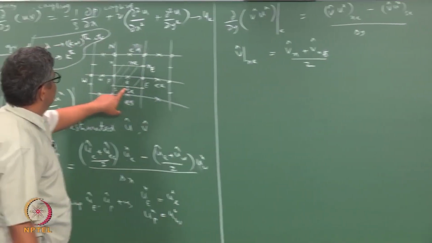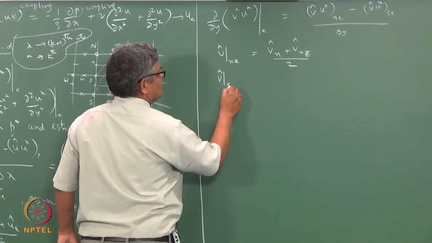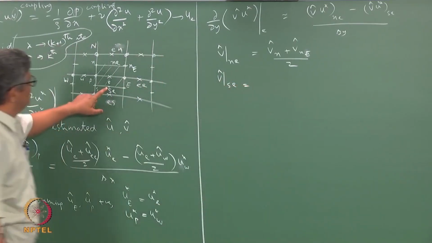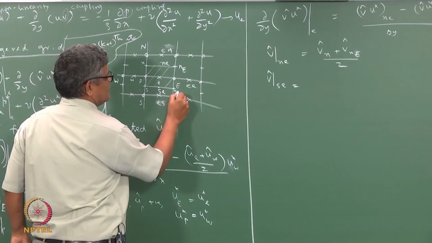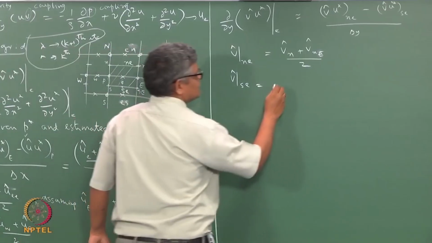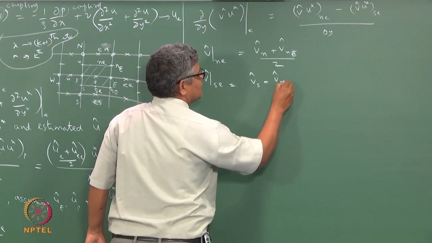And similarly here, v hat at se, this point, is the average of these two, and we will call this again se here. So this is v hat at s plus v hat at se by 2.